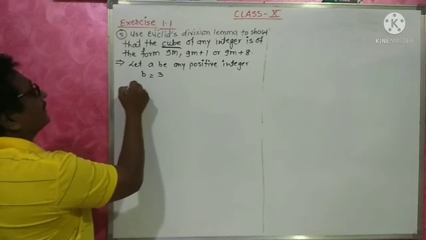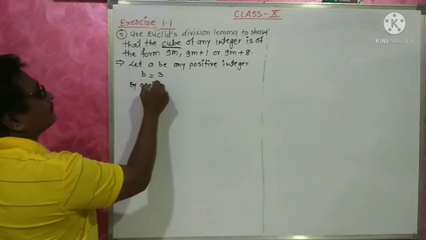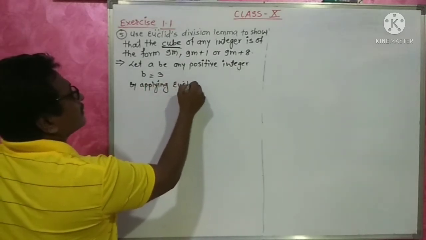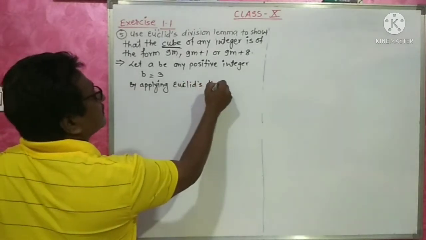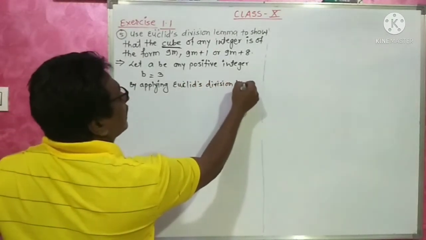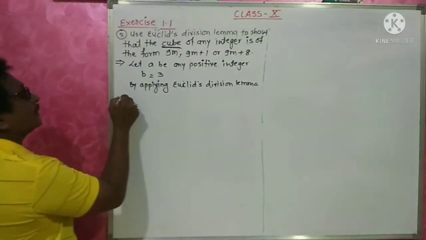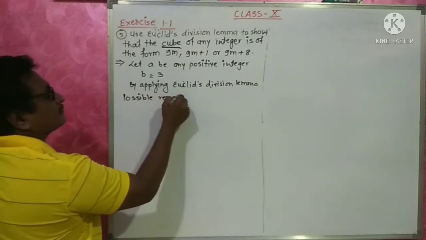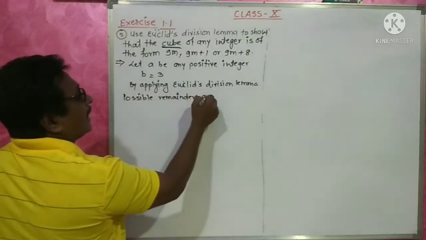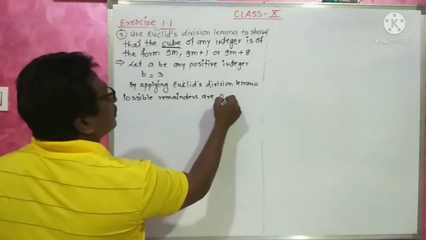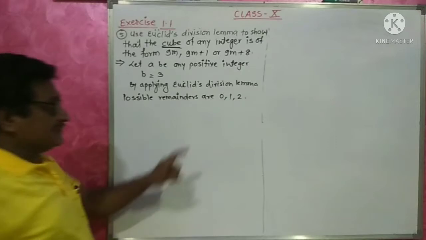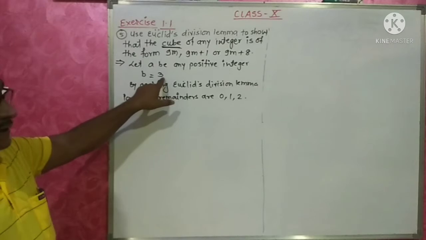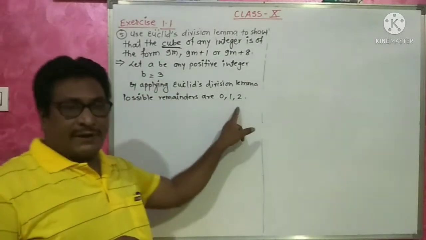So by applying Euclid's division lemma, possible remainders are 0, 1, 2. Here only 3 remainders we will get if we take b as 3.